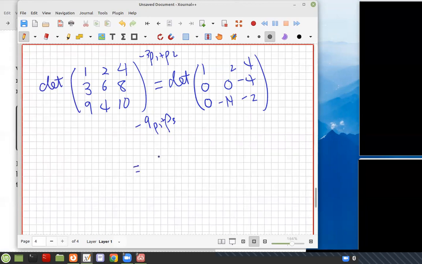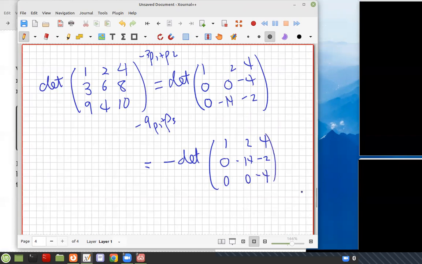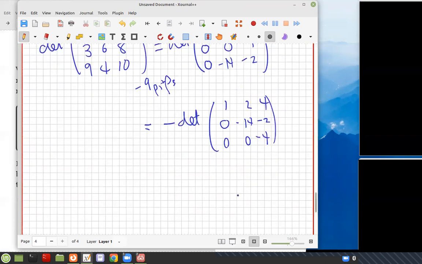Then I can see that this is the determinant of, well, I can interchange rows here. This is going to equal minus the determinant of 1, 2, 4, 0, minus 14, minus 26, 0, 0, minus 4.